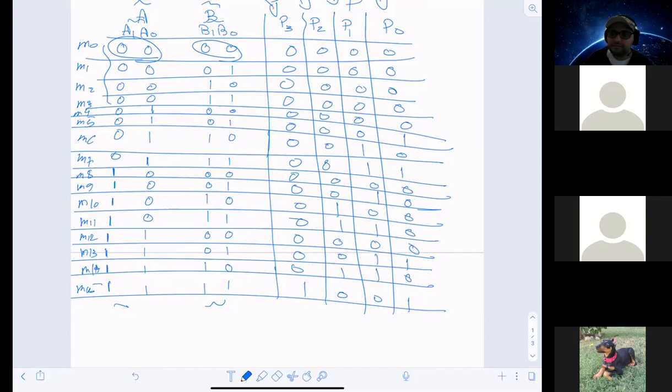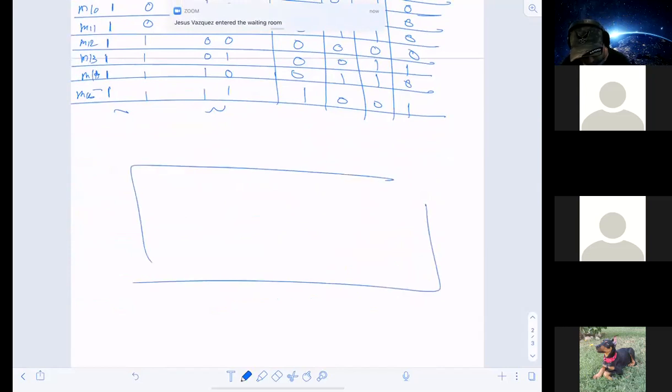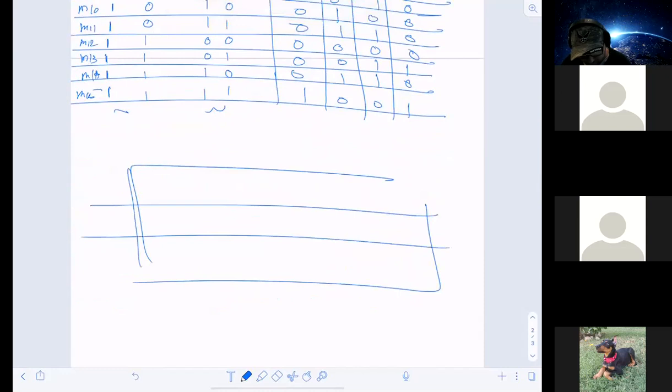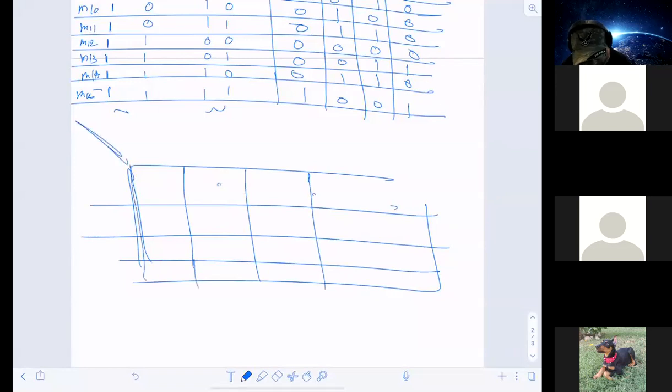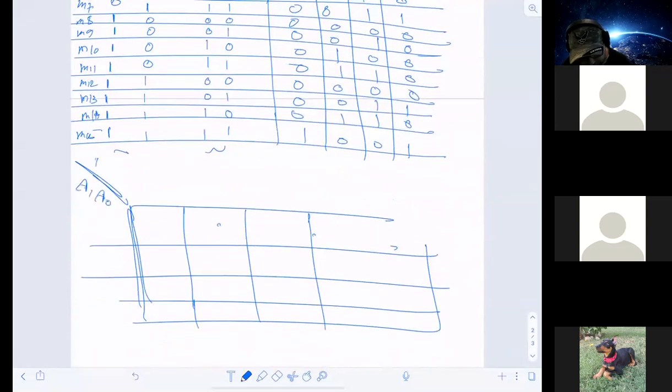Okay. So which way do you want? K-map? Okay, K-map. This is left to right: A1, A0, B1, B0 with 00, 01, 11, 10.